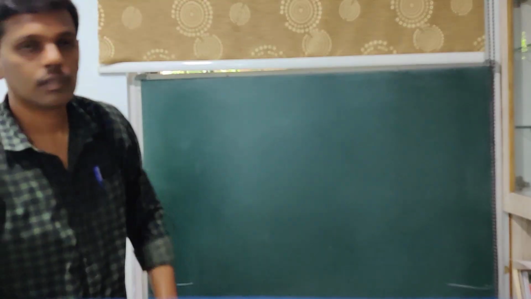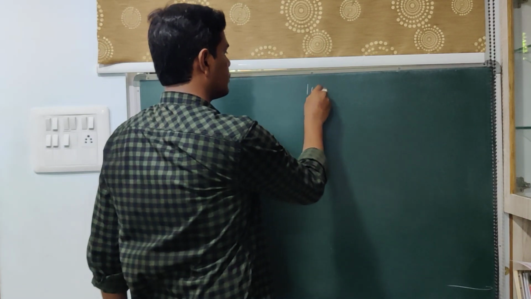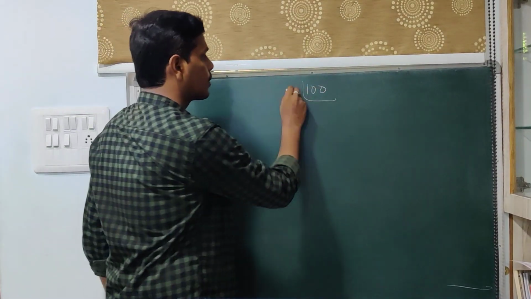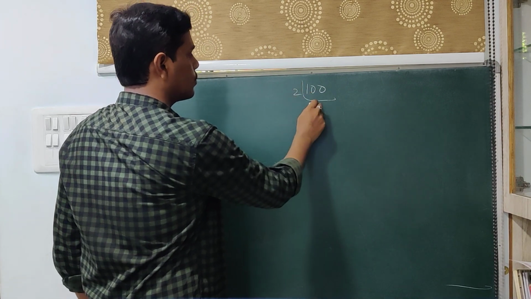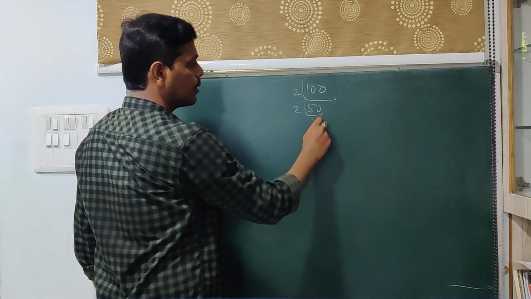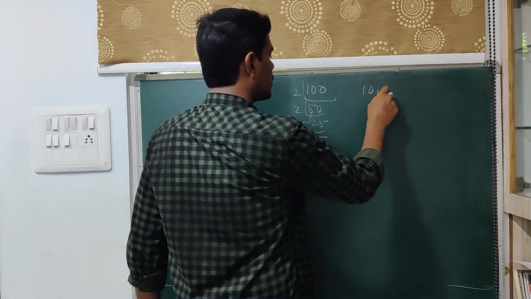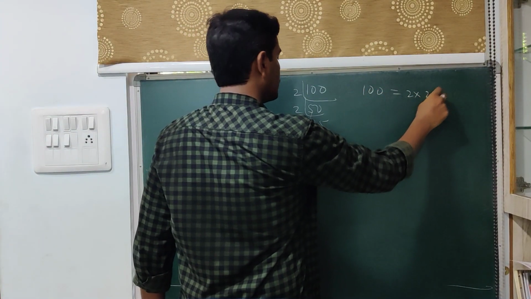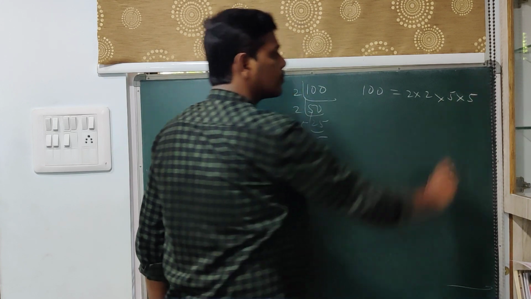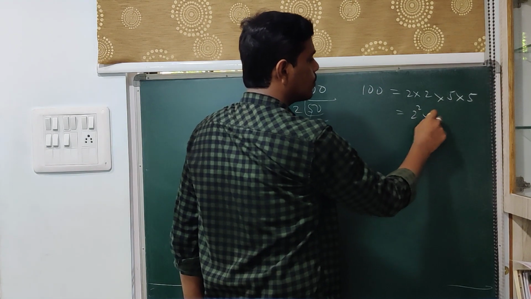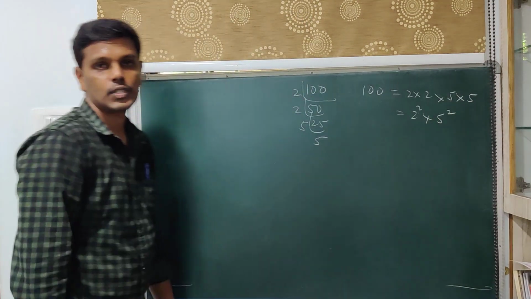Now let me take one more number, say 100. Let's do the prime factorization for 100. 2 times 50, 2 times 25, 5 times 5. So 100 is equal to 2 into 2 into 5 into 5, or you can also write this as 2 square into 5 square.